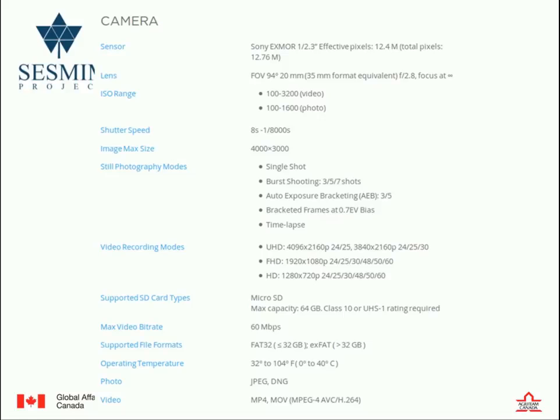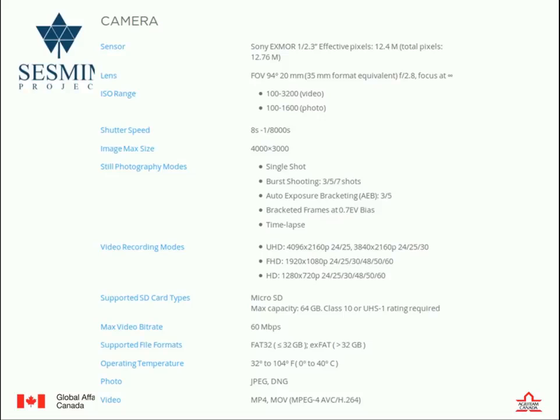So in terms of the SD cards, you need a class 10 or UHS-1 speed for the drone. Maximum capacity 64 gigabytes. So out of the box, DJI supplies you with a 16 gigabyte only. So you have to buy another SD card if you want to do more pictures.